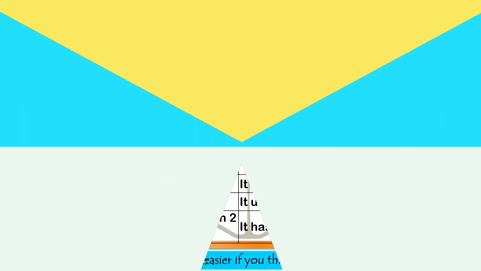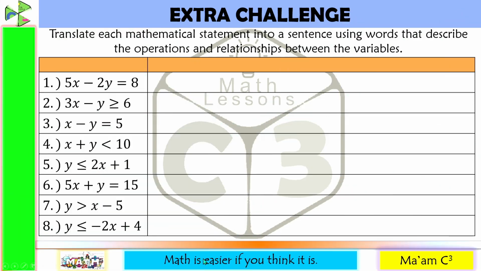Let us do extra challenge. Translate each mathematical statement into a sentence using words that describe the operations and relationships between the variables. Let's have the first one. So this is 5 times x minus twice of y is equal to 8.